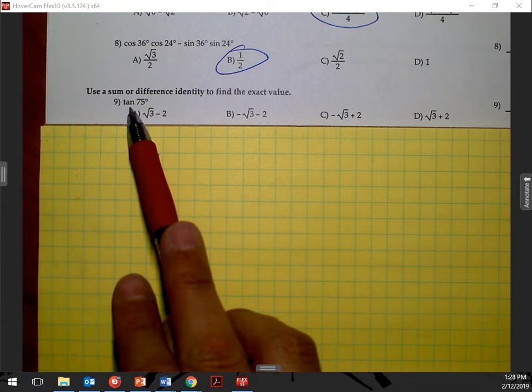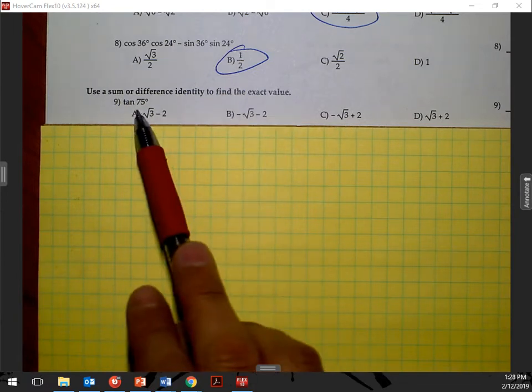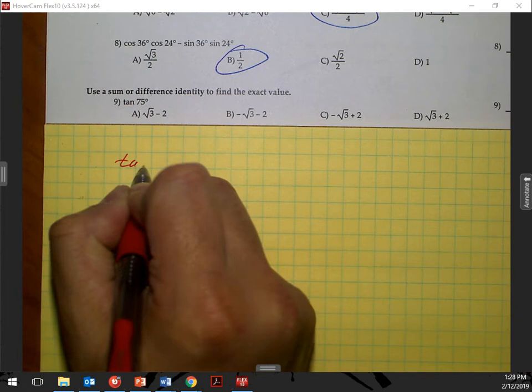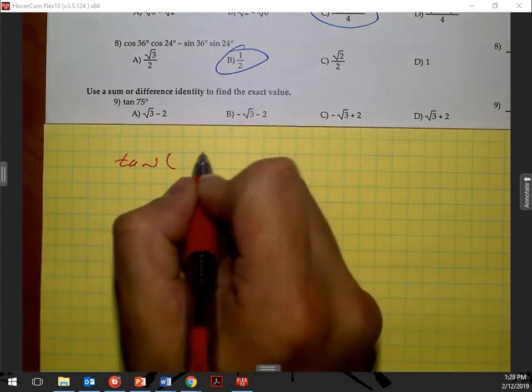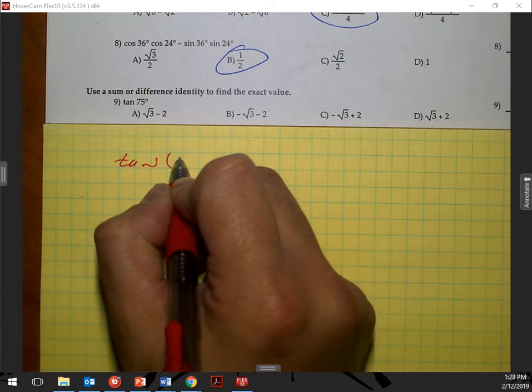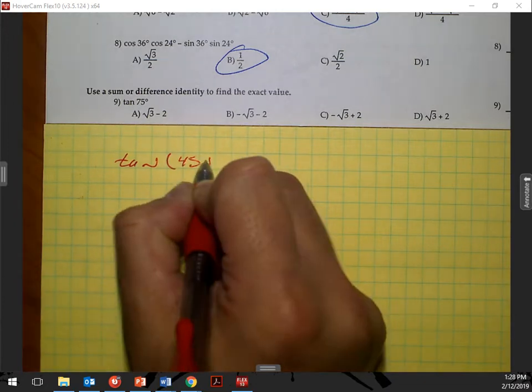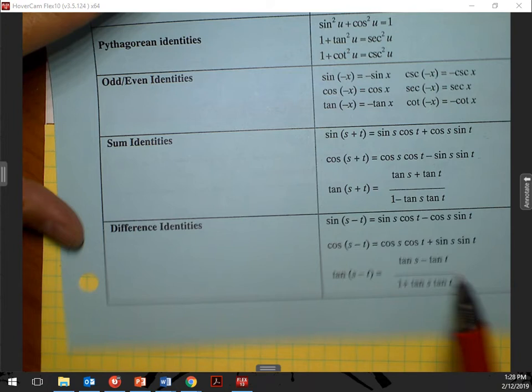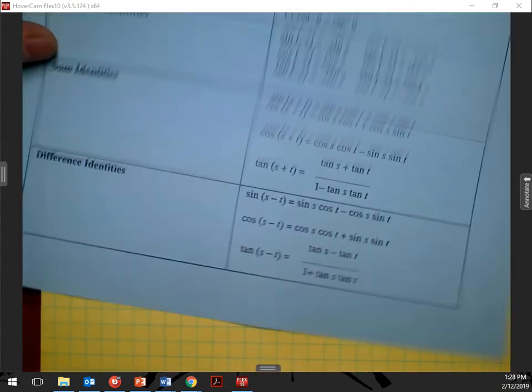Okay, sum and difference to find the identity. So tan 75. Now what 2 numbers am I going to use to get 75? 45 plus 30, right? So sum or difference, that's a sum. So I'm adding it.